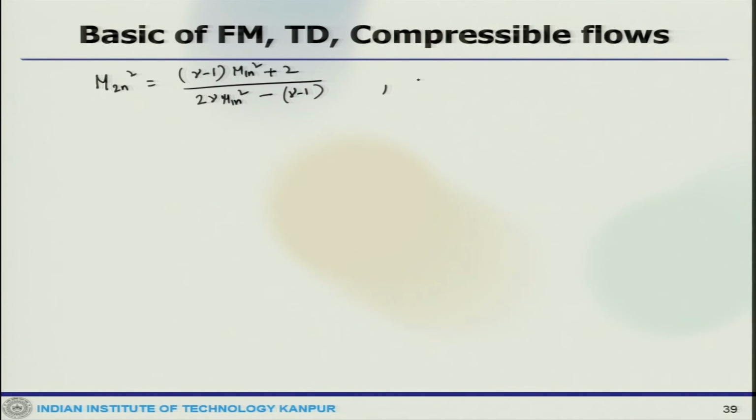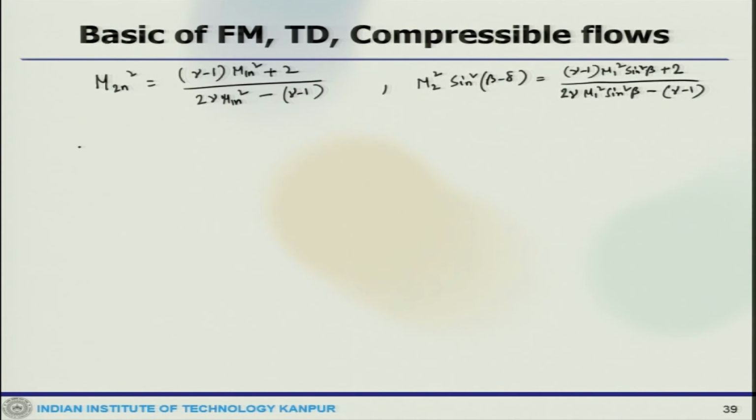Similarly, we can write M2 square sin square (beta minus delta) would be (gamma minus 1) M1 square sin square beta plus 2, divided by 2 gamma M1 square sin square beta minus (gamma minus 1).